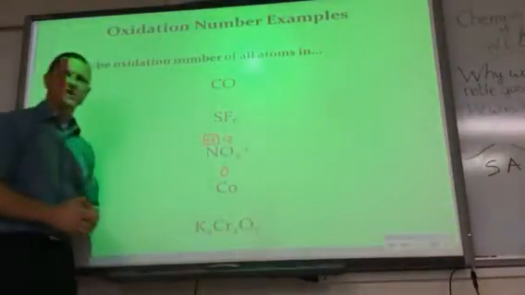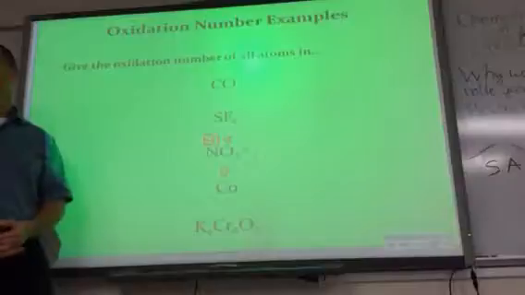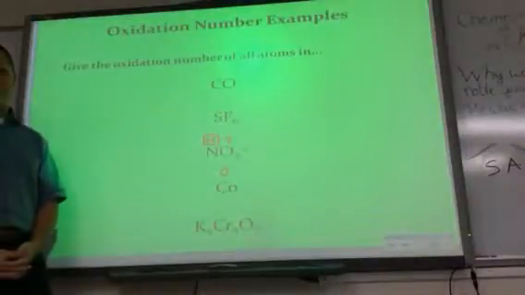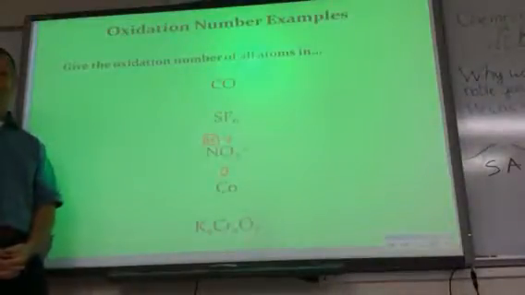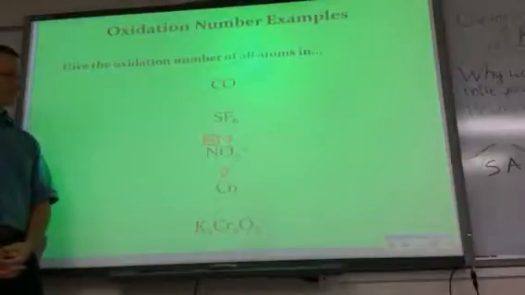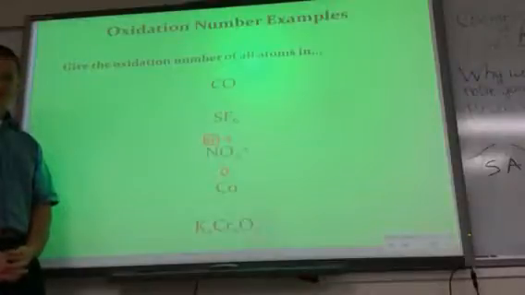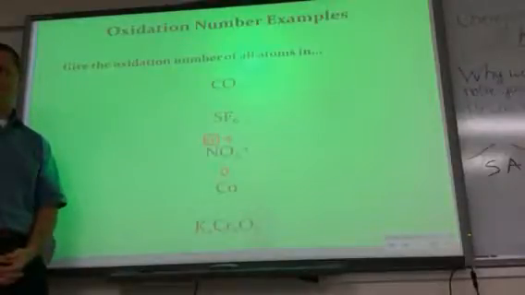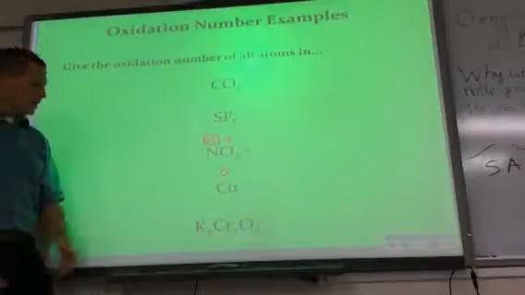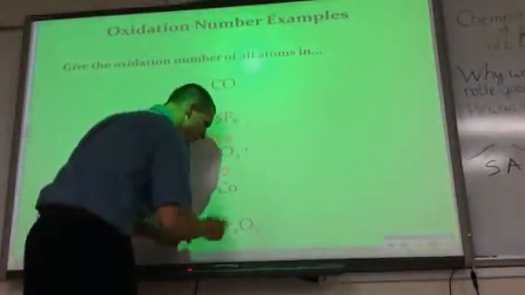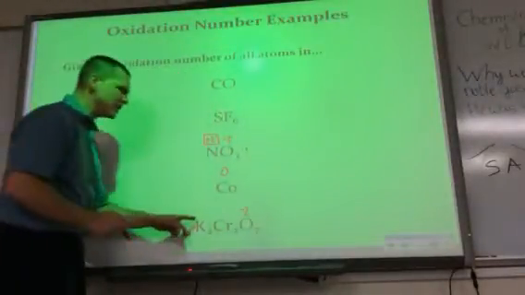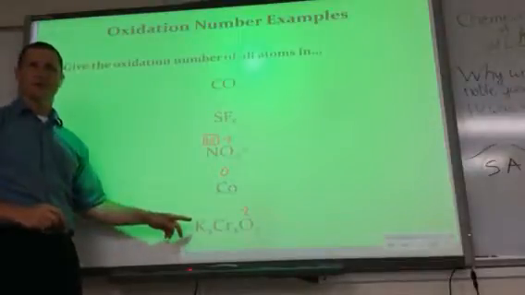Okay, I saved the best for last. What would be those 3 oxidation numbers? Should we start with oxygen? Yes. So you know the oxygen is -2. I think you know the potassium as well: +1.